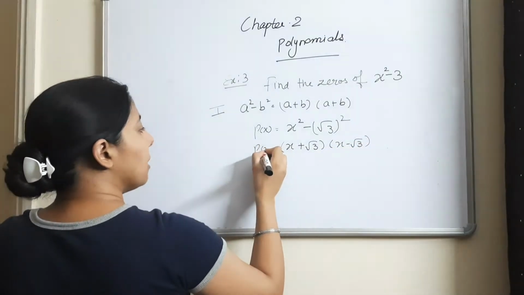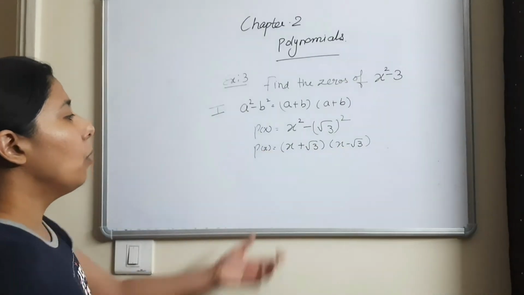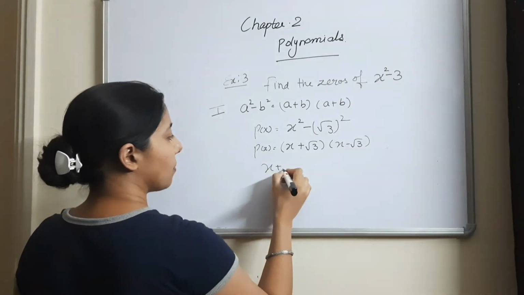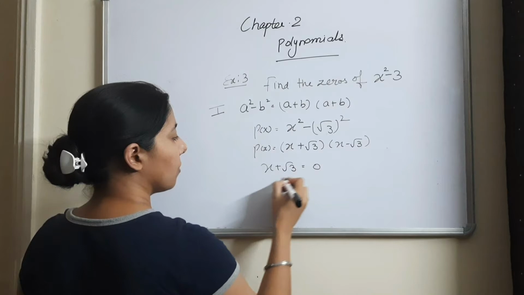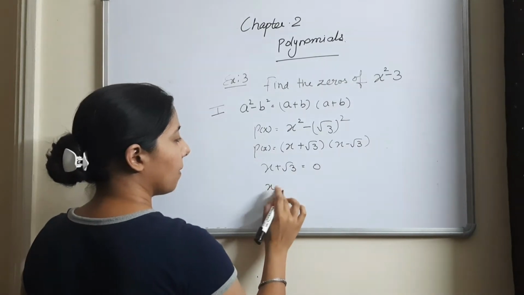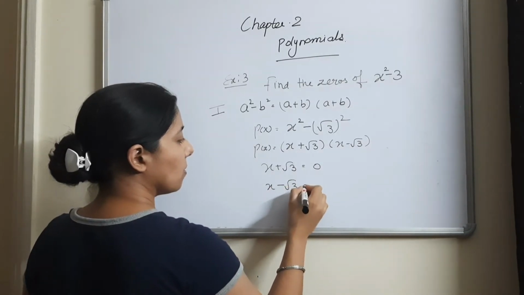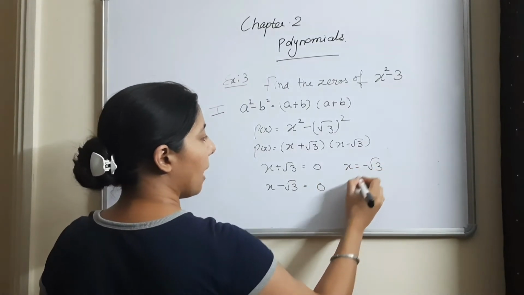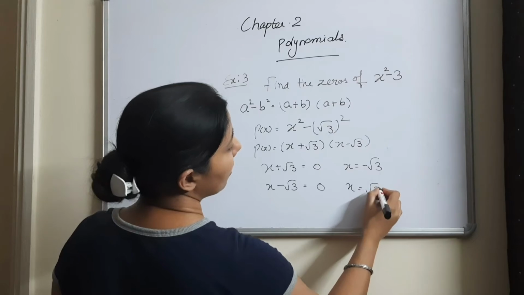Now for calculating the zeros, what you will do? You will just put both of them equal to 0. So from here you get x equals minus root 3 and here you get x equals root 3. Fine.